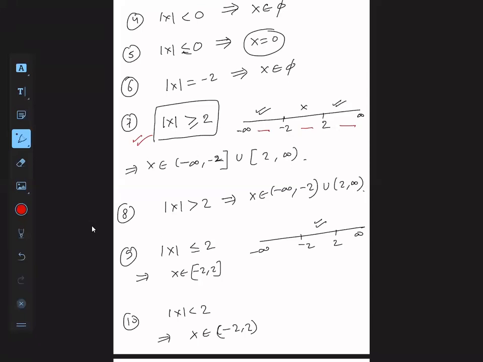If you put any value between minus 2 and 2, for example, if x is 0, then it does not satisfy this inequality. Similarly, if you put any value more than 2, it will satisfy the inequality. So ultimately, these two intervals, minus infinity to minus 2 and union 2 to infinity, satisfy this inequality. So our answer would be this.